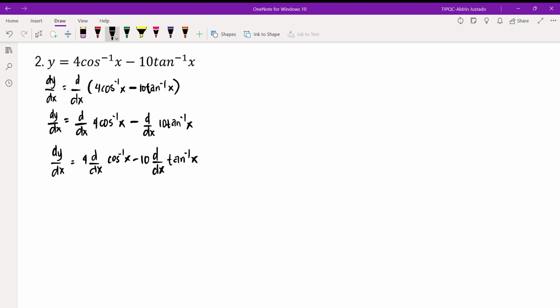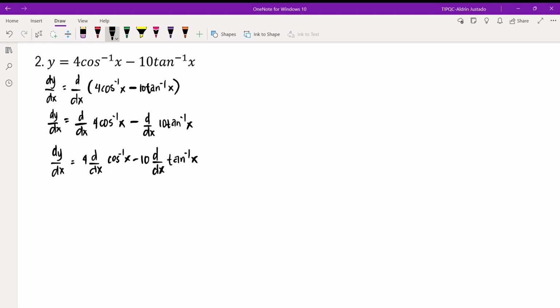So we need to apply the differentiation of inverse trigonometric functions, kasi we already have your trigonometric functions. So let's solve.